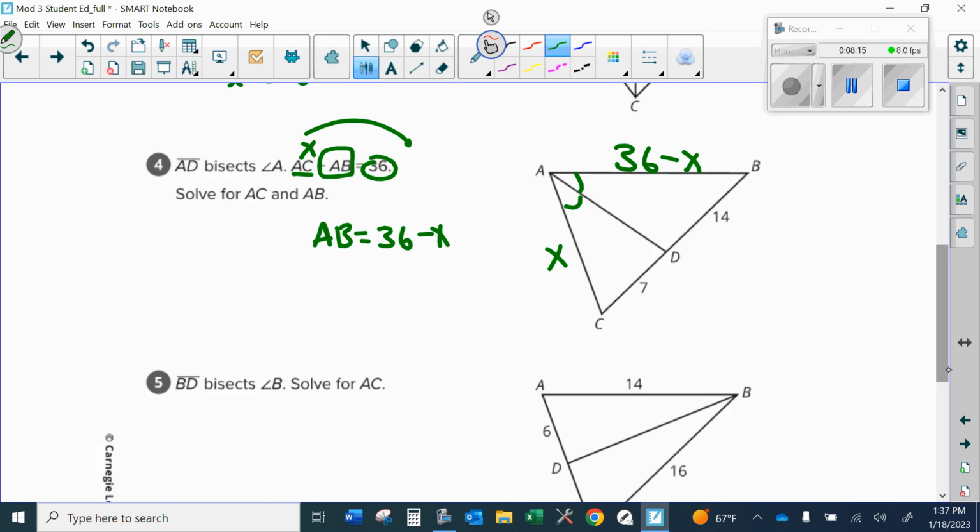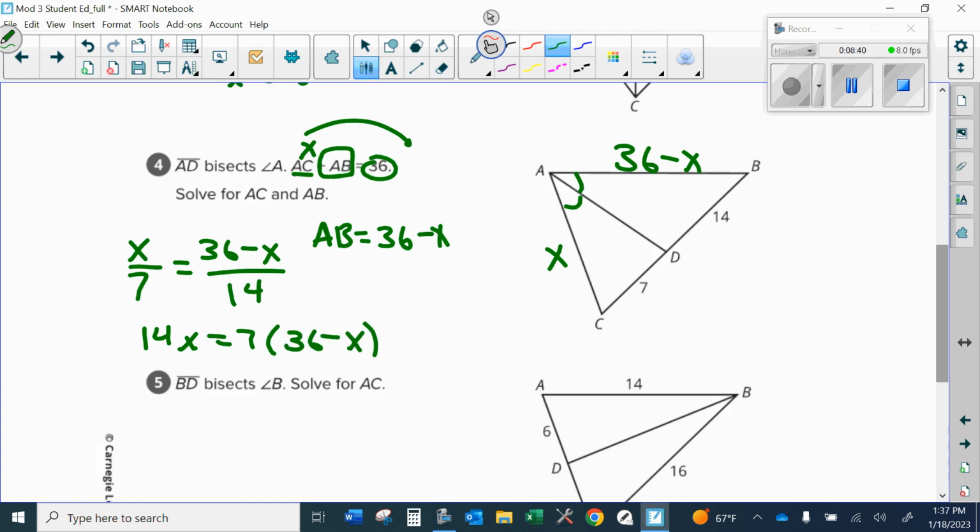Okay. So now I set up my proportion again. So I have x over 7, for example, equals the corresponding sides, 36 minus x over 14. Okay. So now, since I have x in both these, you could just cross multiply. You get 14x equals 7 times 36 minus x. Now, many of you are going to be tempted to want to just distribute.